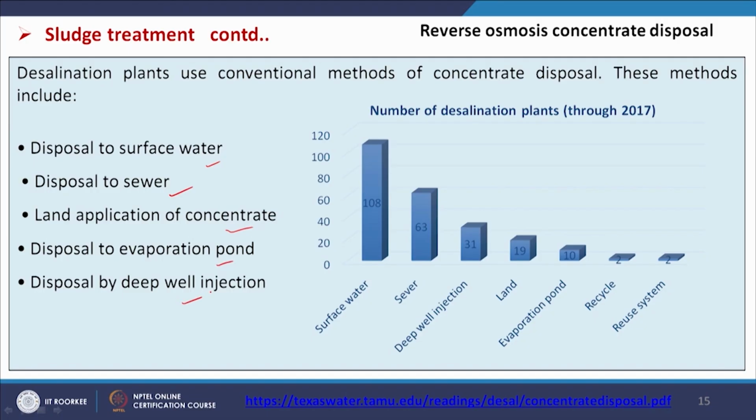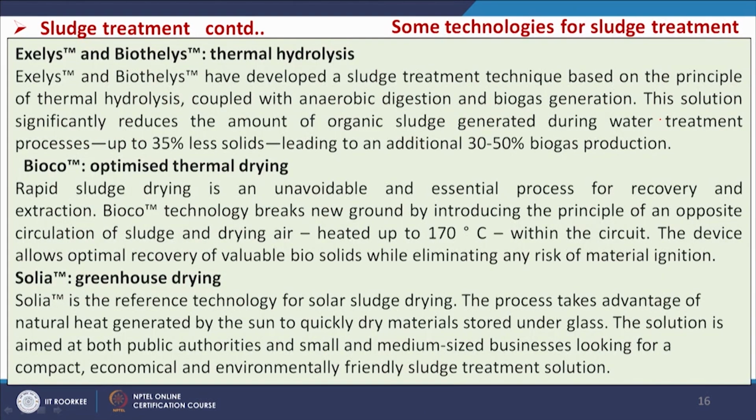These are the different methods which have been followed for the disposal of the tertiary treatment product, that is reverse osmosis concentrate. You see the maximum is through surface water disposal, and these data are given as per this report in 2017.